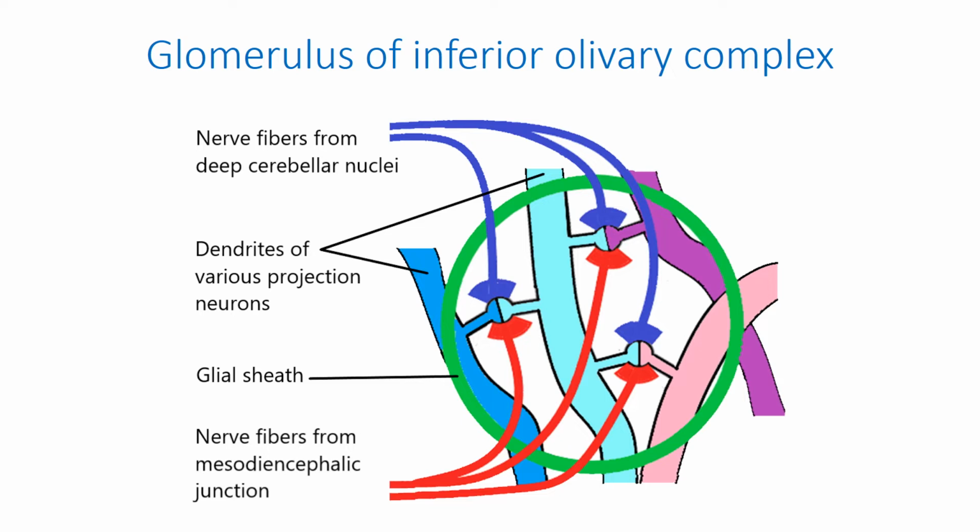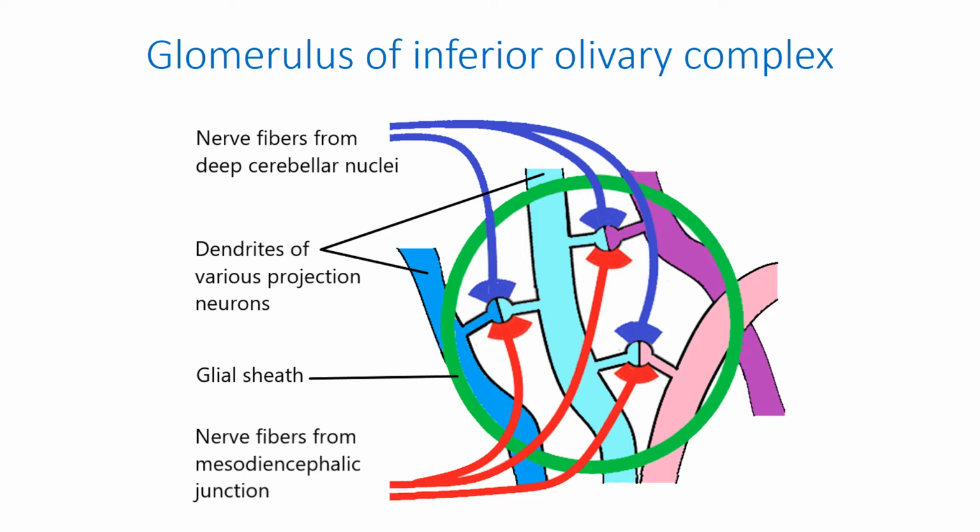Inferior olivary complex neurons receive inhibitory and excitatory inputs from the deep cerebellar nuclei and from the mesodiencephalic junction. The latter includes various nuclei of brainstem, among which nucleus of Darkschewitsch, red nucleus, interstitial nucleus of Cajal, and superior vestibular nucleus project to the olivary complex.